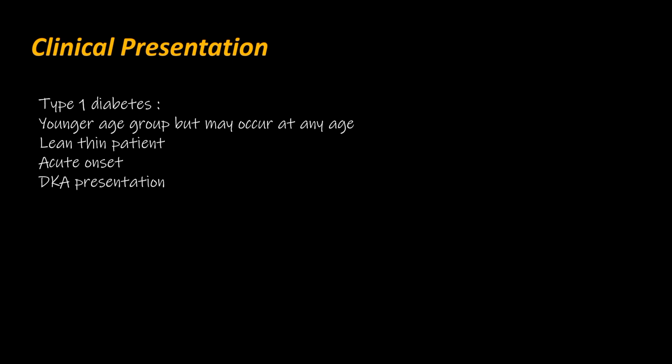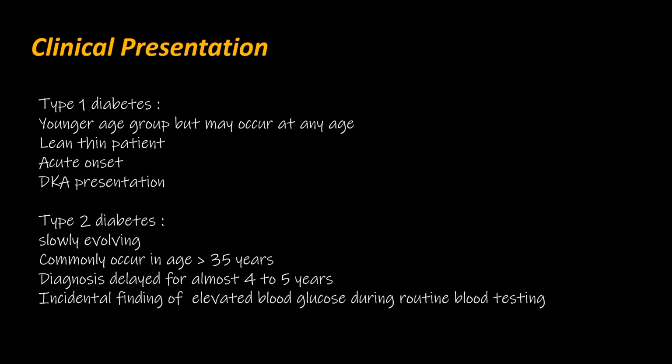In younger children, type 1 diabetes presents with the classical features of diabetes such as polyuria, polydipsia, and loss of weight. More than 85% of the children present with a dangerous complication of type 1 diabetes, that is diabetic ketoacidosis. The phenotype of the patient is a lean, thin individual.